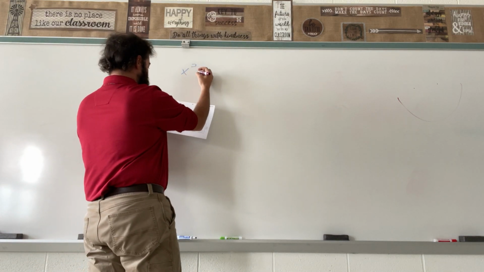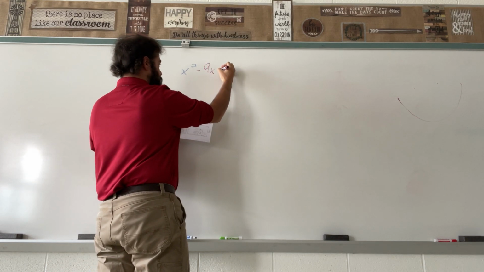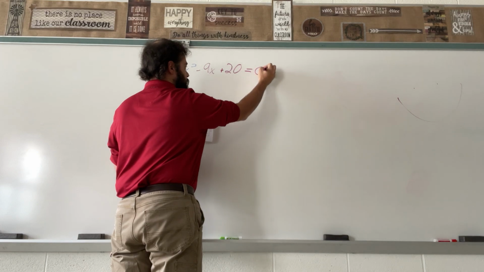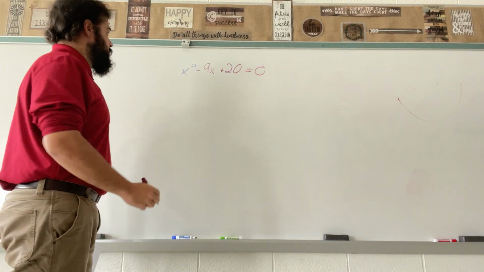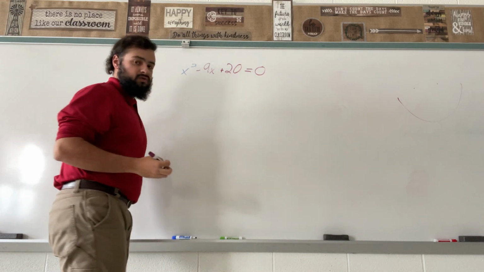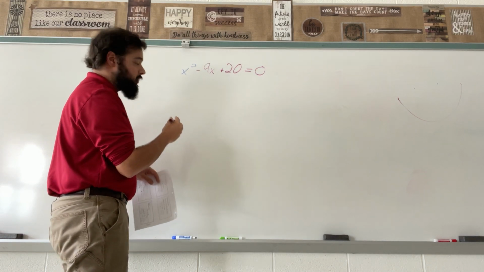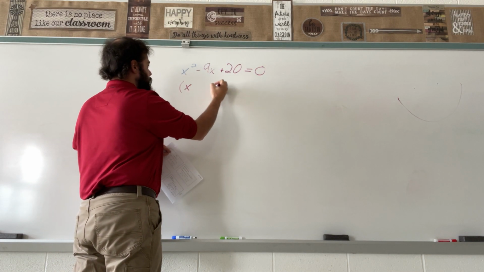We've got x squared minus 9x plus 20, and now we're adding a new part to it, equals 0. We need to figure out what x could equal if this all equals 0. So we're going to factor this just like we learned in the last unit. This is a pretty simple one.